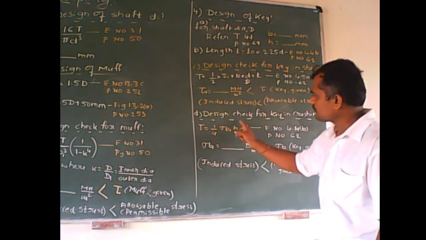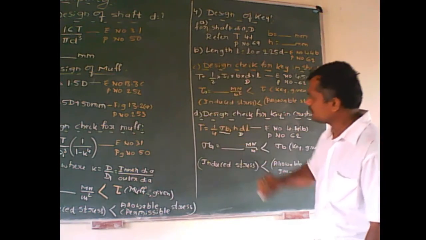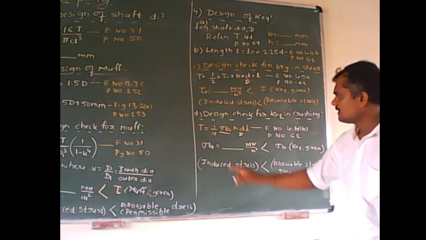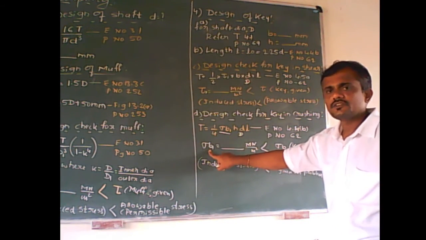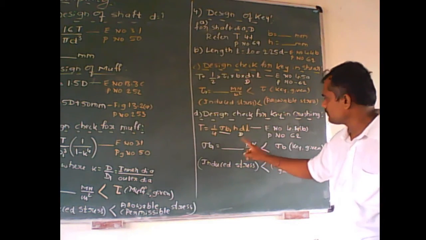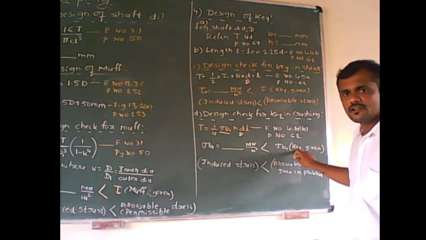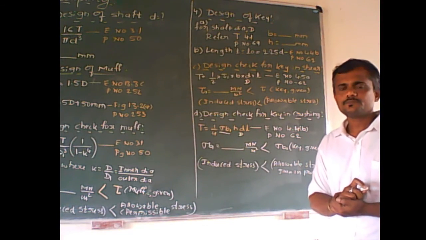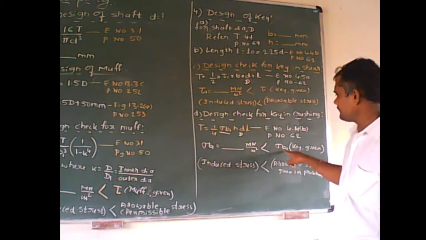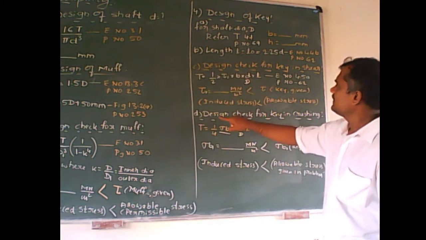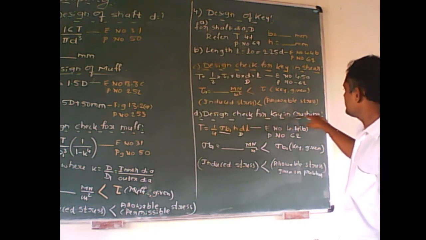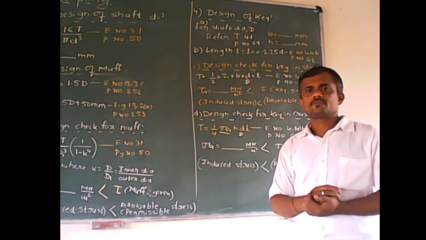And after substitution of all these, we have to calculate this value sigma B1. So this sigma B1 induced value, or calculated value, should be lesser than the sigma B1 value of the key material which is given in the problem. If it is less, then we can say that the design of a key in crushing is safe.